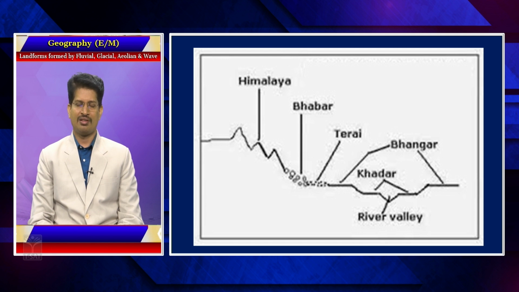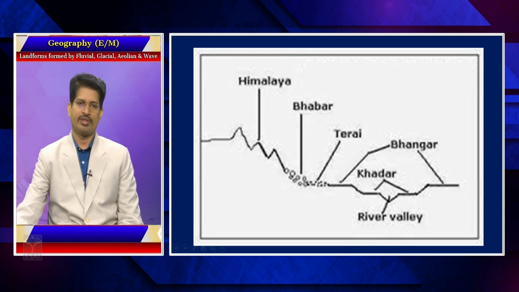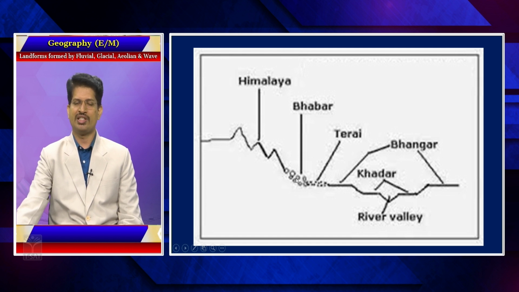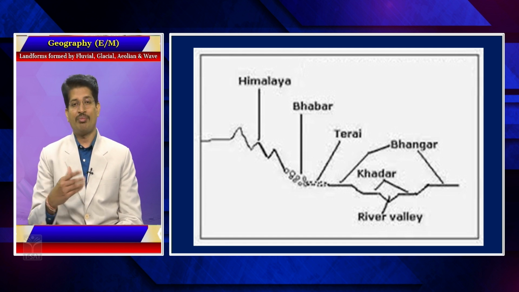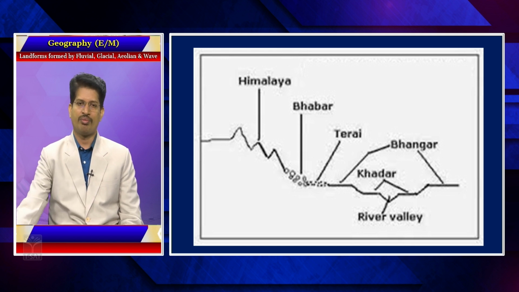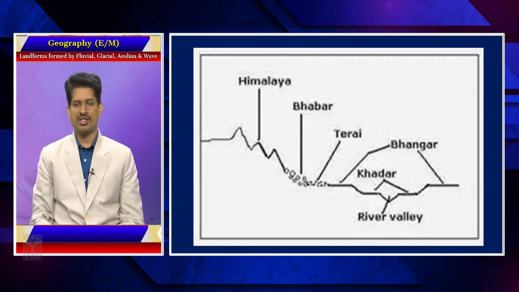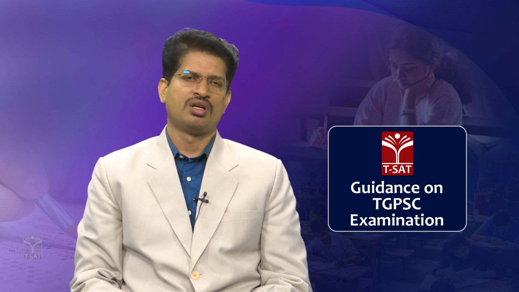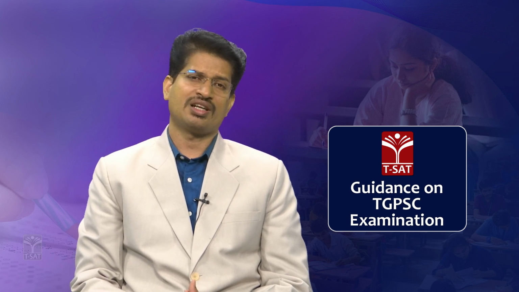So these larger boulders with pebbles left over at the foothills are known as bhabar. In this bhabar, because of the large pore spaces between the rocky material, the flowing streams disappear, and the disappeared streams reappear, forming a swampy, marshy terrain known as terai. So bhabar will be at a higher elevated region and terai at a lower region, which is the result of the filling up of the pore spaces of the rock with silt and clay.